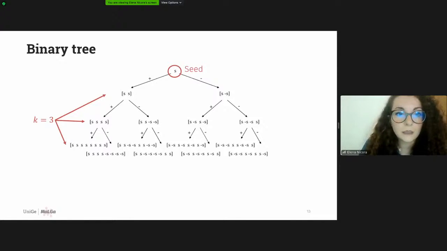As you can see, every node of the binary tree is composed by the father and the father depending on the label that is on the edge.